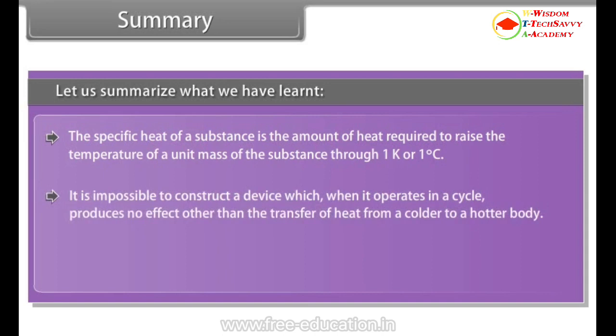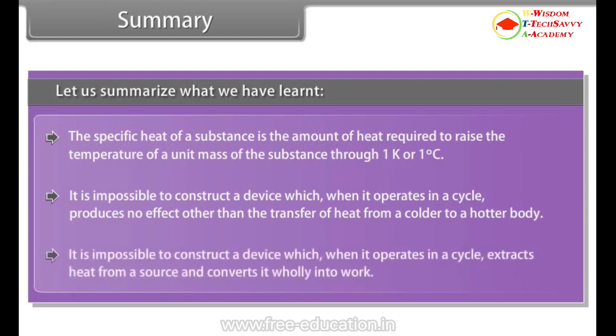It is impossible to construct a device which, when it operates in a cycle, produces no effect other than the transfer of heat from a colder to a hotter body. It is impossible to construct a device which, when it operates in a cycle, extracts heat from a source and converts it wholly into work.